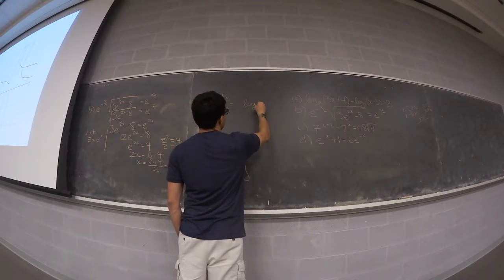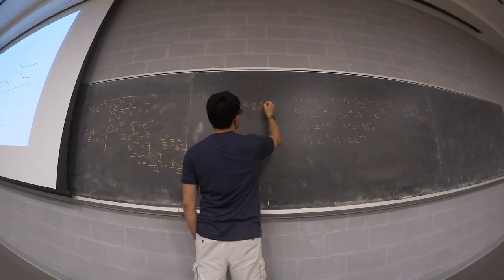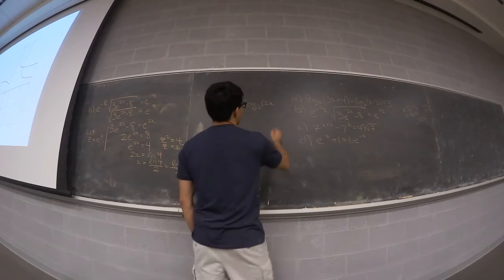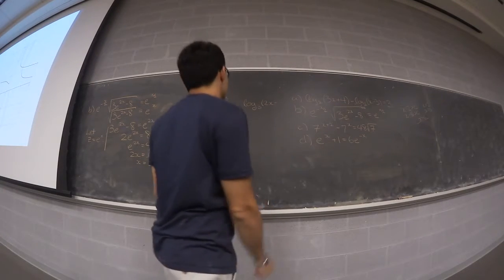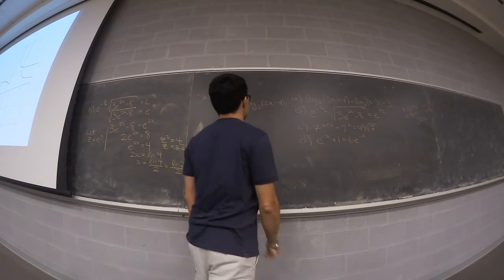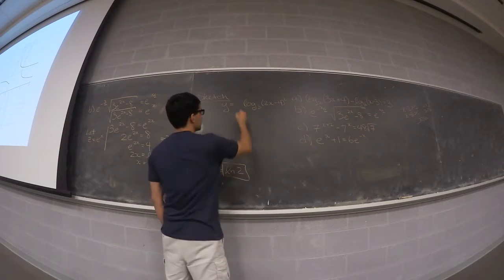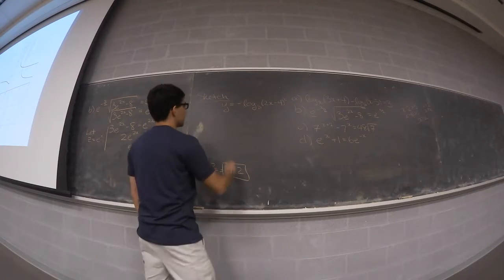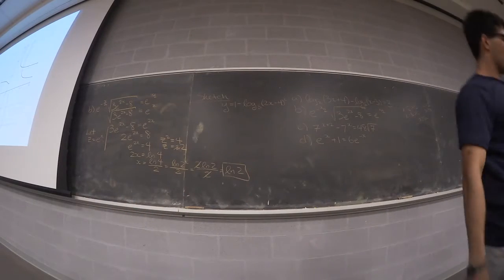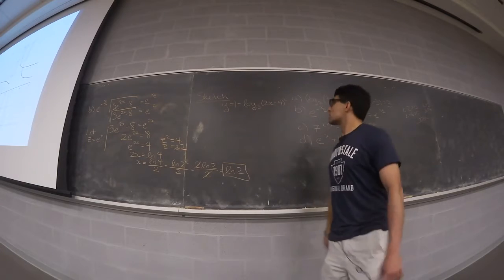Log base 3 of 2x minus 4, squared, minus all that, and stick a 1 up here. Okay, I'll do that one. And it's the only thing I'll have to actually check.